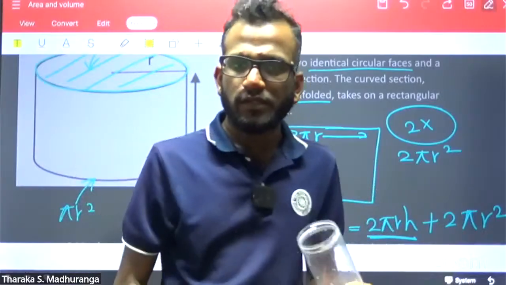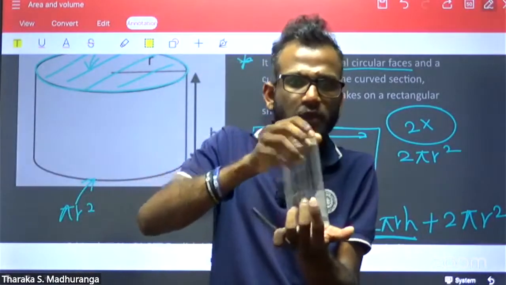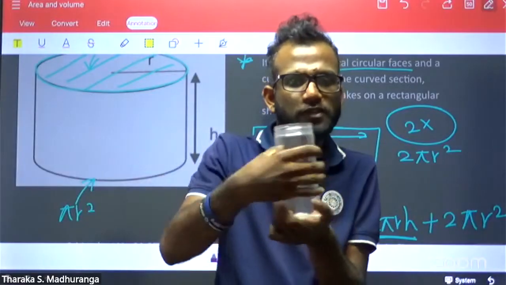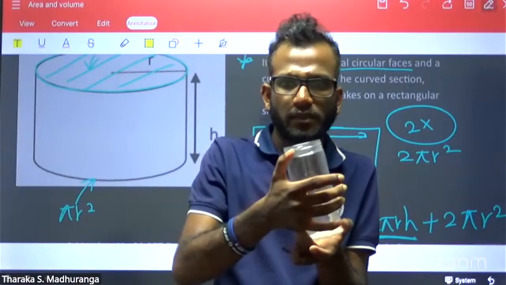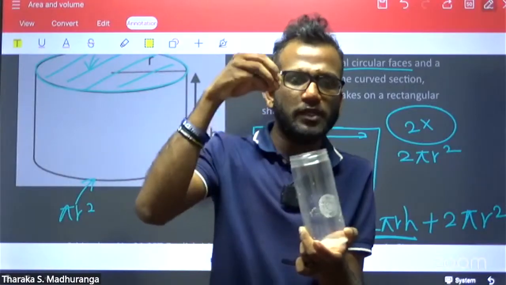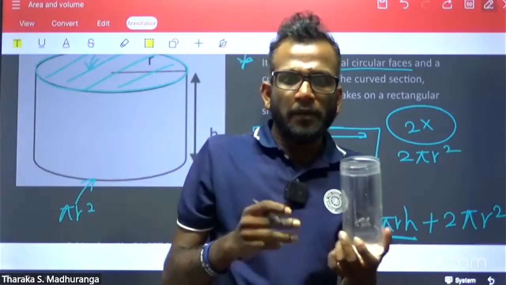2πrh. Then if I got this type, it has only a base, no lid, and a curved surface area. How do we get the outer surface area? Don't have a lid. Lid is empty. This type one.